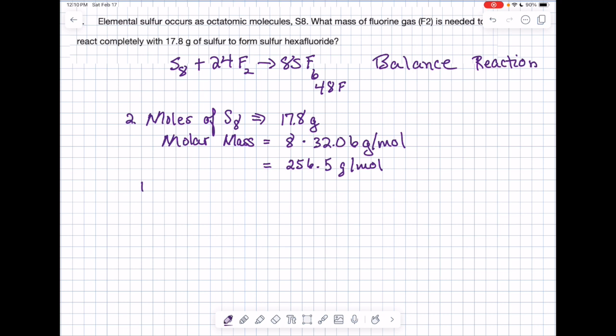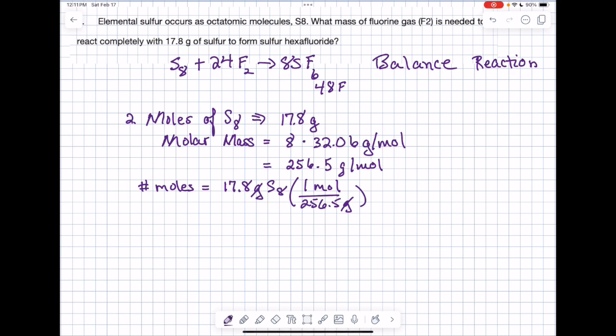So the number of moles is going to be our mass of 17.8 grams divided by our molar mass. And again, using dimensional analysis, we have 256 grams of S8 per mole. All right, grams cancel out. We have the grams in the denominator.